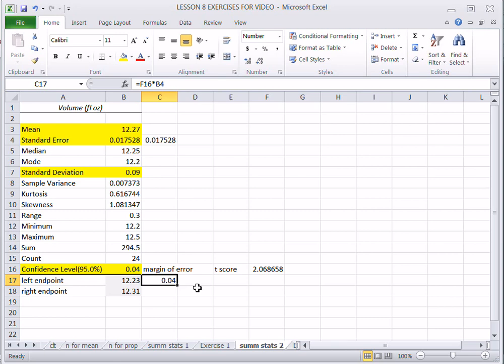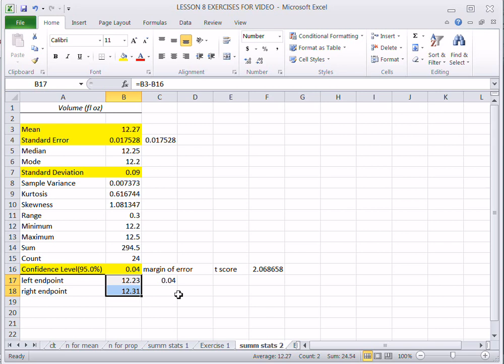So if we took a bunch of averages, the real population mean will be within 0.04 fluid ounces of 12.27 fluid ounces. So we're 95% confident that if we randomly select a sample of size 24, the population mean volume is in between 12.23 and 12.31.